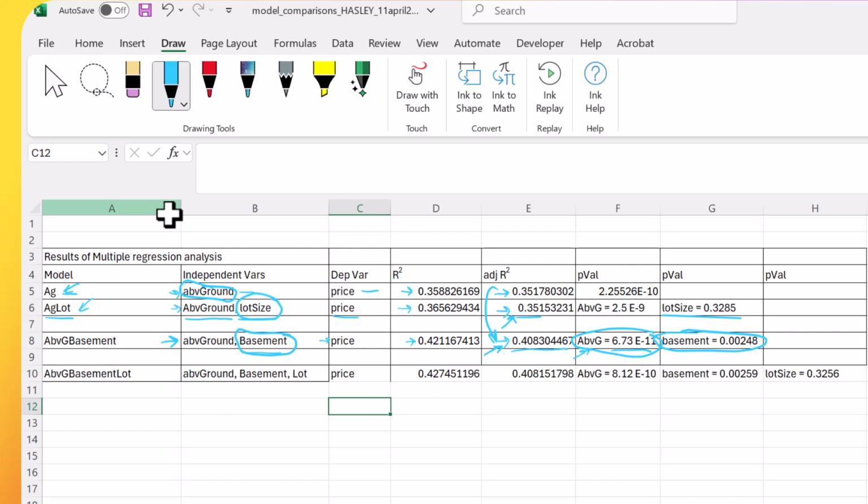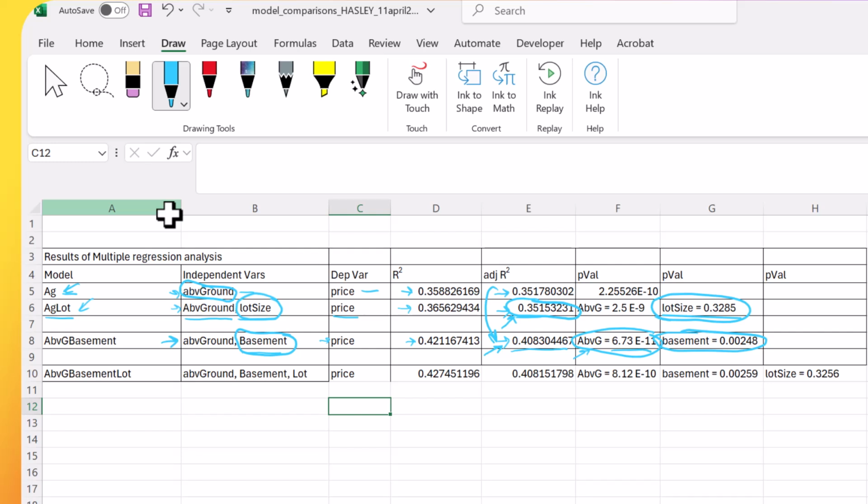It's about 6 times the cutoff value. So it's not a surprise that adding lot size to this model didn't help us. It's not considered to be a significant variable in the model as far as its ability to explain variance in the dependent variable. And it didn't have much effect. It's actually lowering the amount of variance in the dependent variable that is explained by the independent variables in my model.